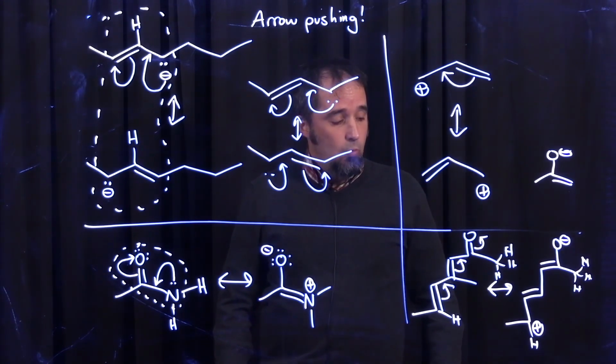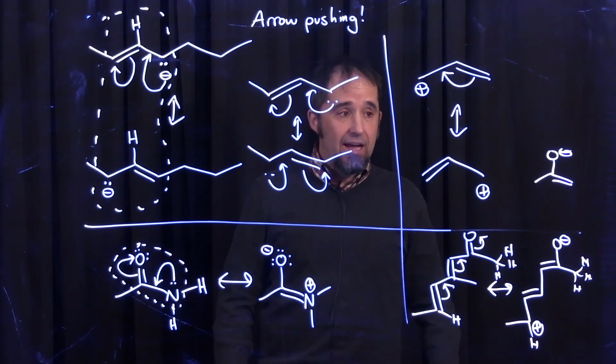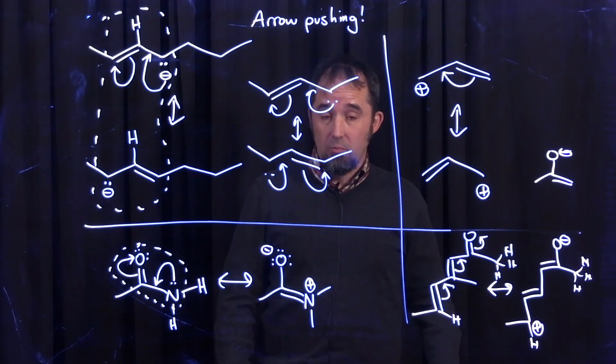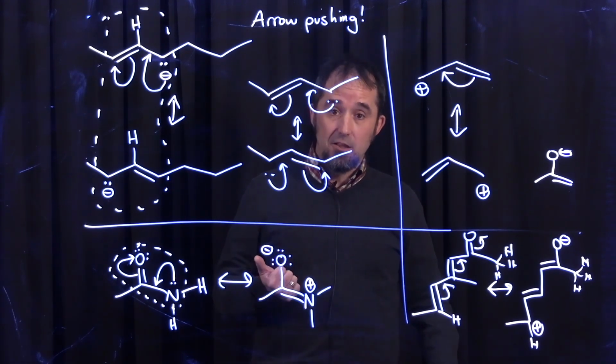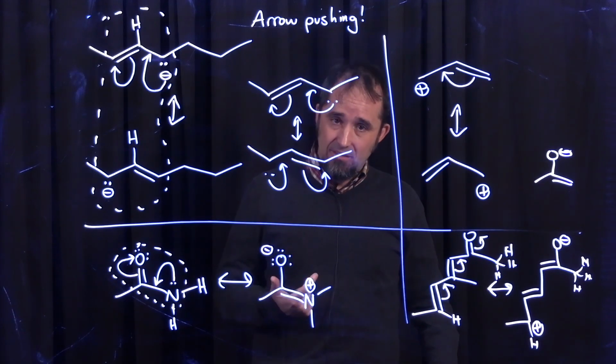So again, what I like about trying to figure out resonance structures is that there's a really good, easy, and always correct way to check your work. Check your work by looking at the overall charge and by looking at all the atoms to make sure they're not moving, and particularly looking at the hydrogens to make sure that they're not moving, right?